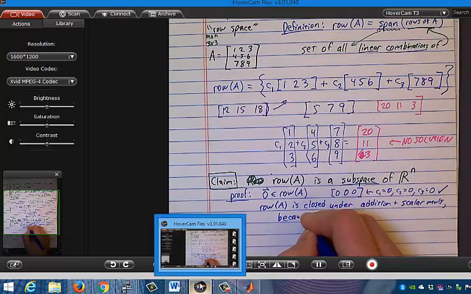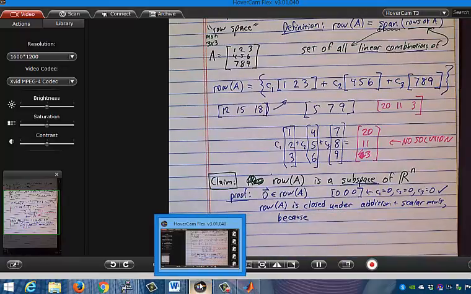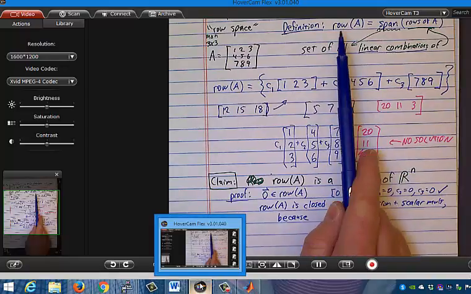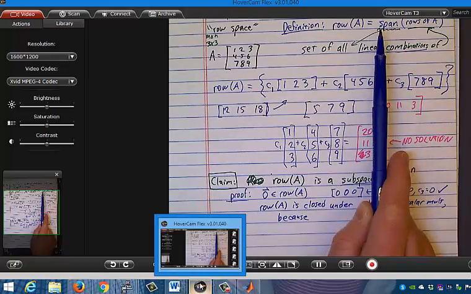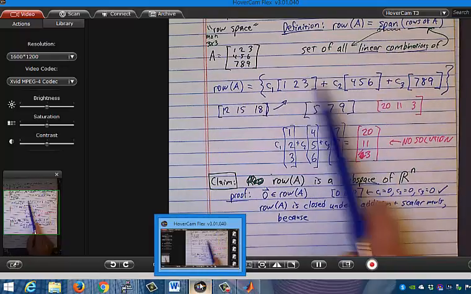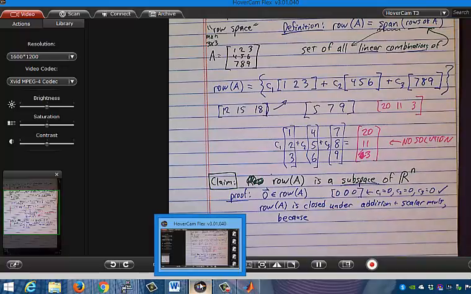Because, how do we know? Well, there's a word I use that kind of implies it's already going to be closed under addition and scalar multiplication. Because how is the row space even defined? It's defined as a span. And what is a span? It's what you get by doing addition and scalar multiplication, right?